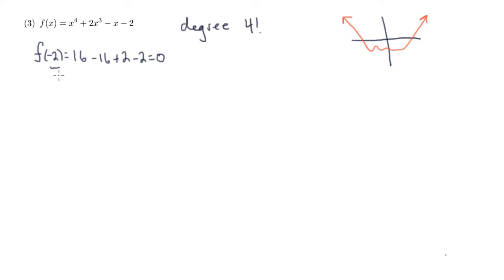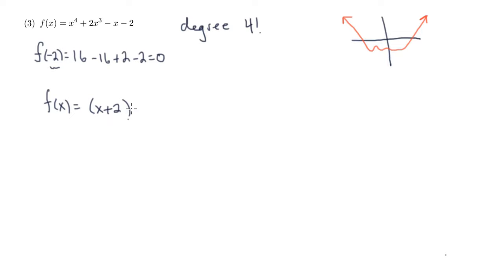So how does that help me? Well, there's also something called the root factors theorem that tells me if I can find a 0, then I can actually factor the function. I can write f of x as x plus 2.